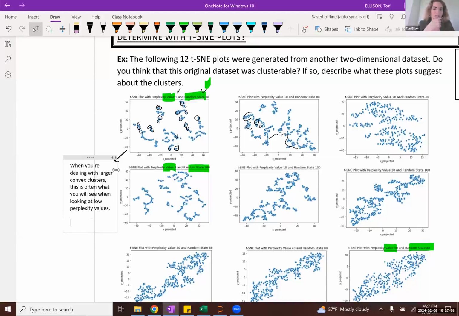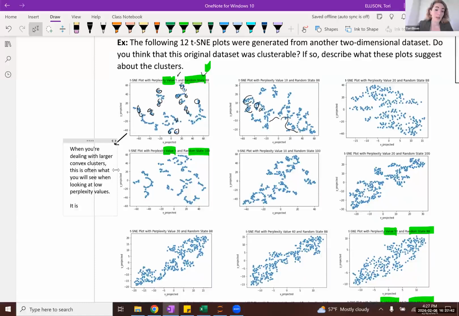So this creates this additional layer of confusion. Based on what we see here, it is possible that your data set does have very small separated clusters.